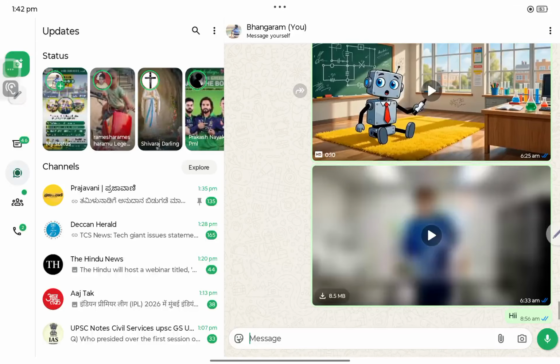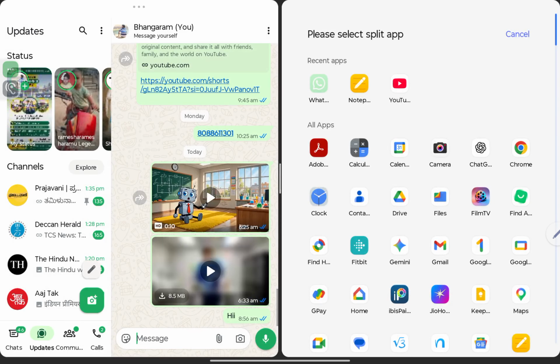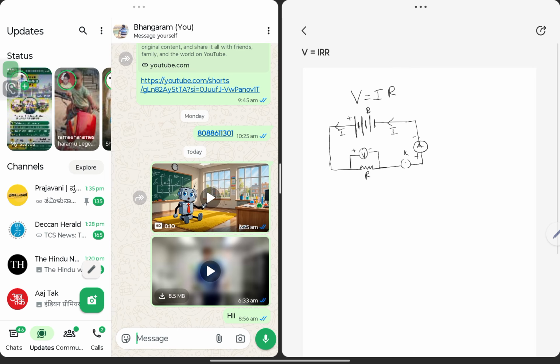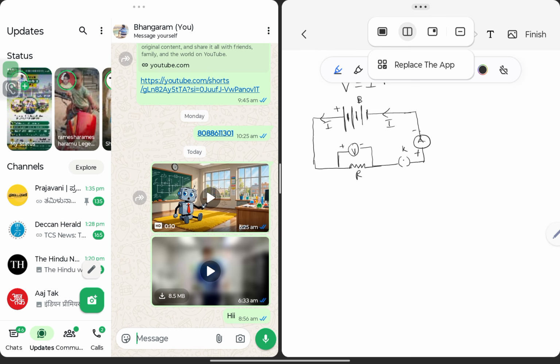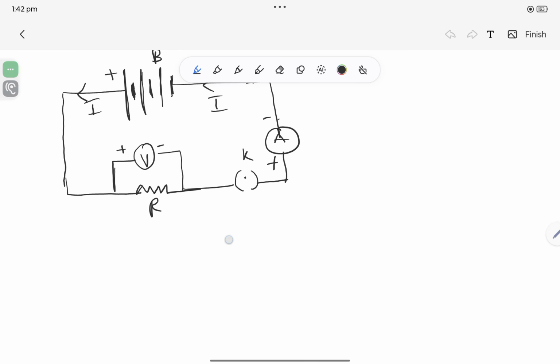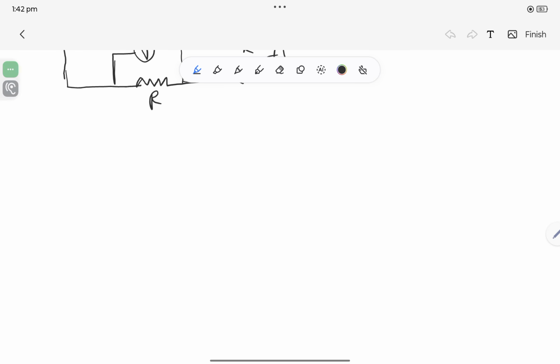This is a small video about how Ohm's law works. Now we will understand it better by plotting a graph. Let us take one assumed table.